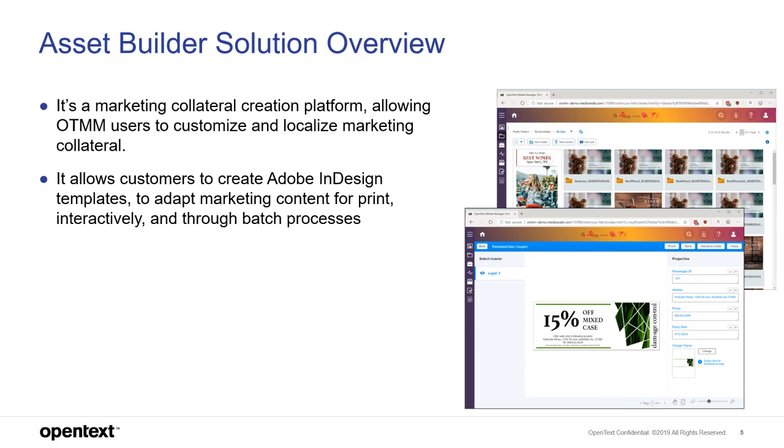It allows OTMM customers to actually create Adobe InDesign templates, and those Adobe InDesign templates can then be uploaded to the OTMM system platform, and they can then be adapted and create new derivatives of that template for print, interactively, and also through batch processes.